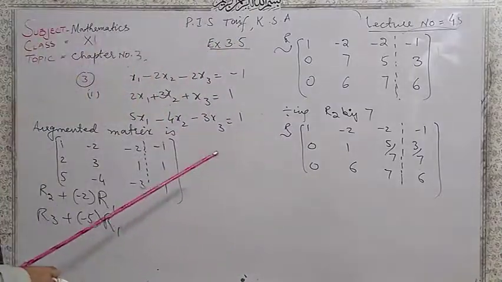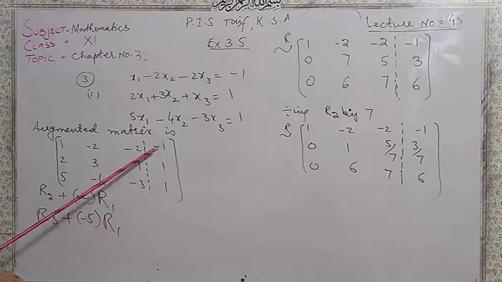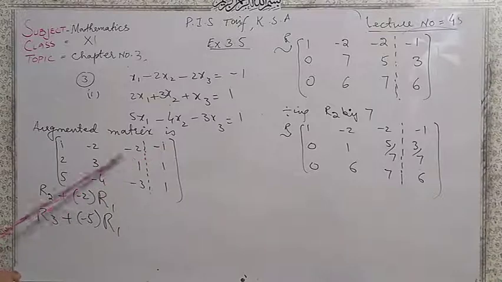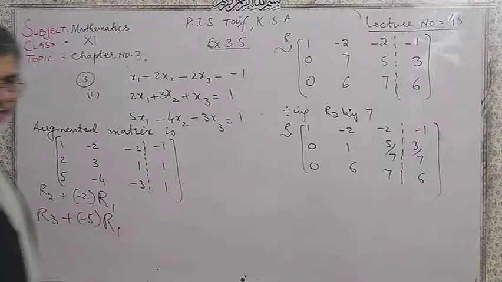And that will be, where have we done that? Here was 1, we wanted to make 0 here. Minus 2 multiplied by here, this is 0, minus 2.